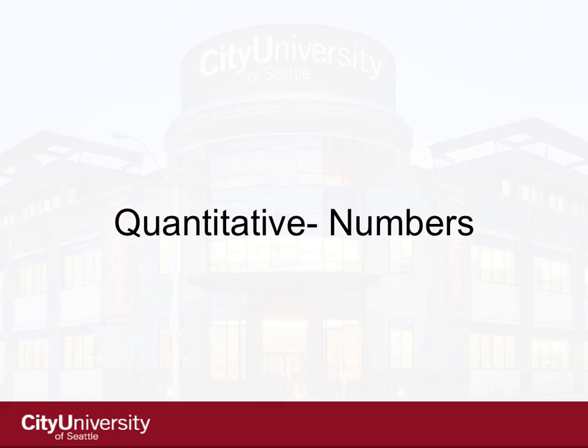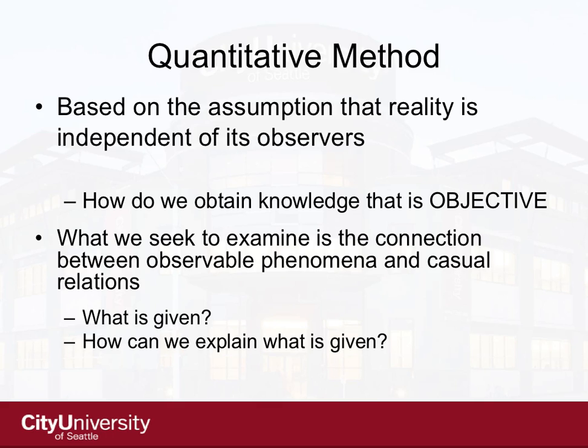So let's just explore, again, a cursory overview of quantitative and qualitative. Here's quantitative. It's based on the assumption that reality is independent of its observers. How do we obtain knowledge that is objective? What we seek to examine in quantitative traditions is the connection between observable phenomena and causal relationships.